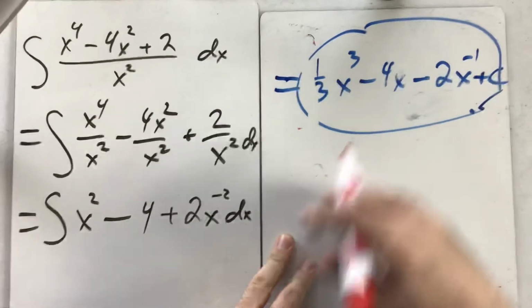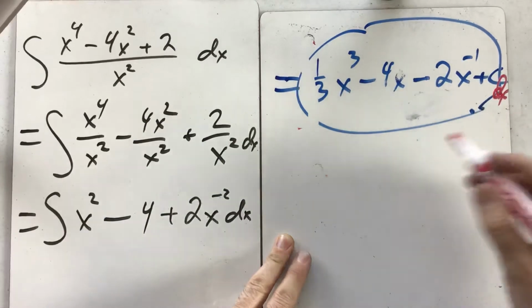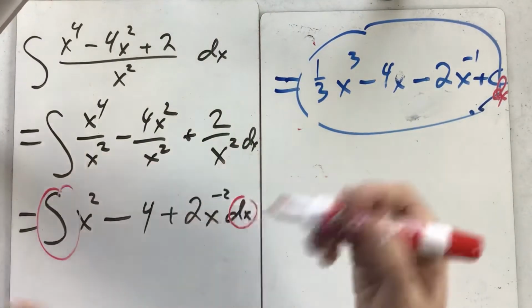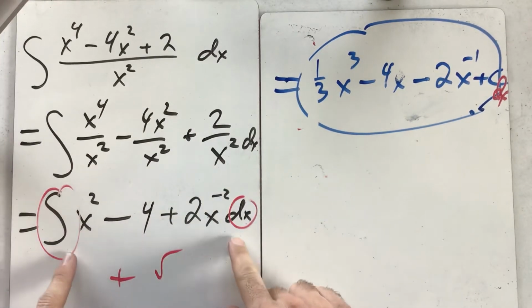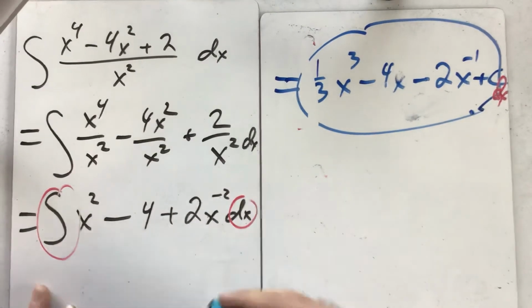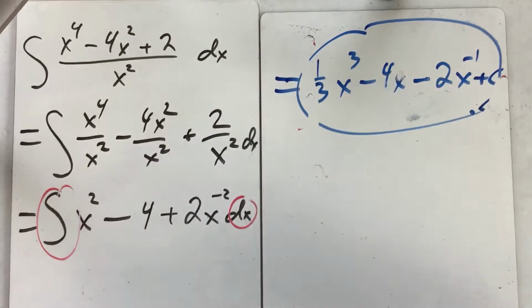Similarly with the dx, I find students write the answer and then put a dx on the end. Don't keep the dx on the end. The dx has been done. So think of these two as like your operator, just like a plus sign or a square root sign or something. But they don't act on numbers, they act on functions. And they turn this function into a new function, and it doesn't have an integral or a dx on it anymore. It's an equation, just like we're used to.